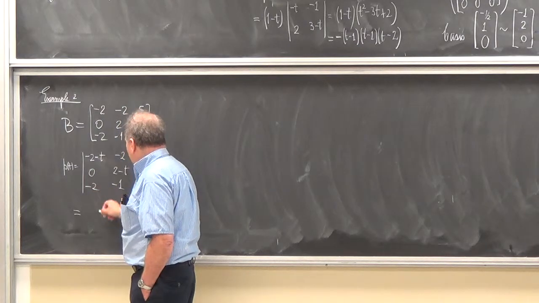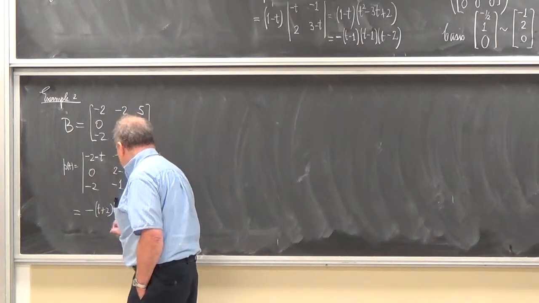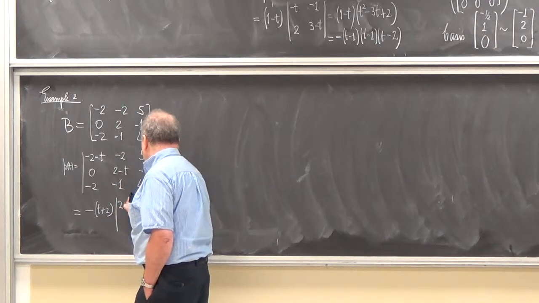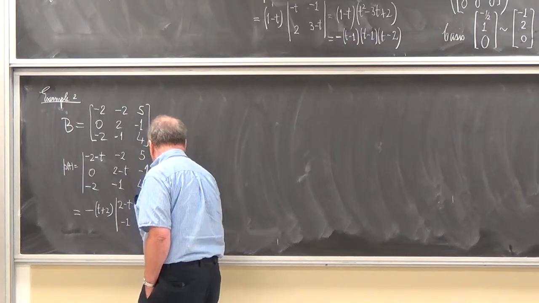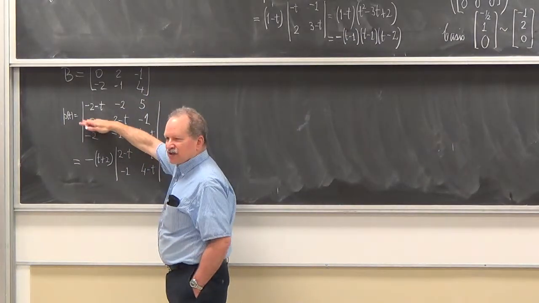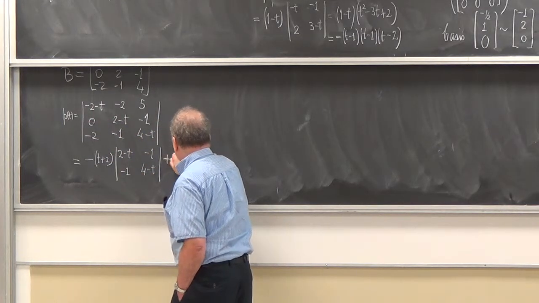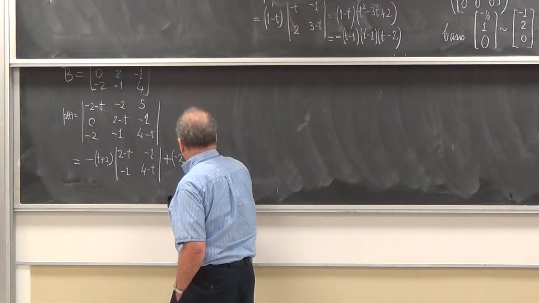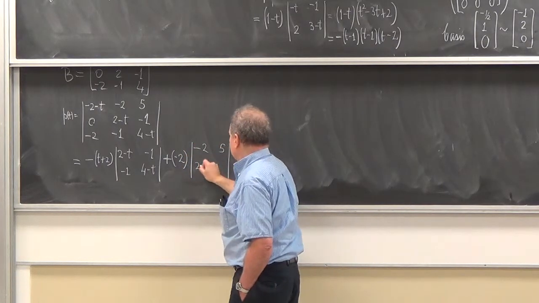All right, so negative, I'm going to factor out t plus 2 times the determinant 2 minus t, -1, -1, 4 minus t, plus -1 times 0 times stuff, plus -2 times what determinant? -2, 5, 2 minus t.